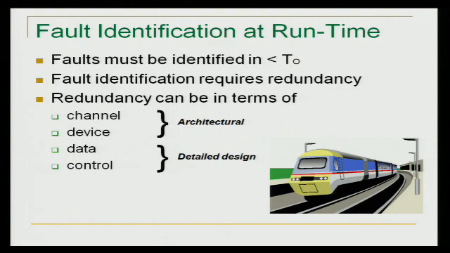Okay, fault identification at runtime. Sometimes faults, you can identify them before they happen. Sometimes you can't determine them until after they happen. If somebody's doing a denial of service attack on a web server, it's impossible to prevent it.